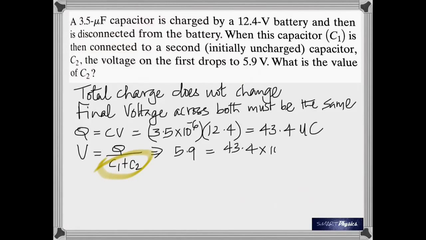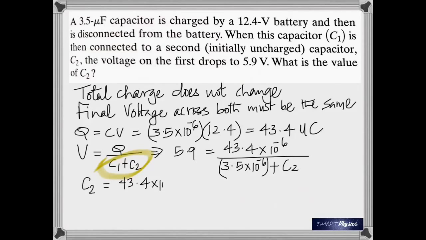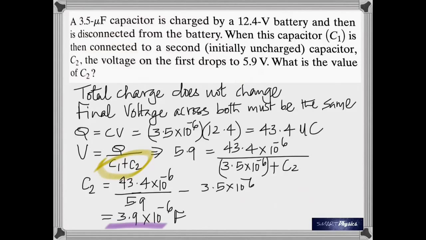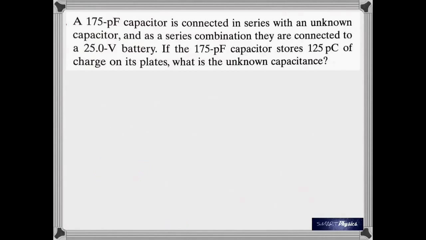The common voltage is given as 5.9, and we already know Q. It's just a matter of rearranging this equation carefully and solving for C2. The answer is 3.9 microfarad. So the important concept here was the total charge did not change and the final voltage across both are the same because they are in parallel.